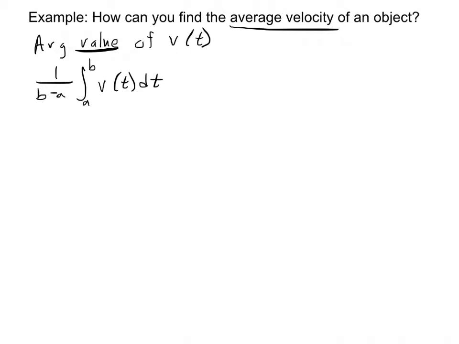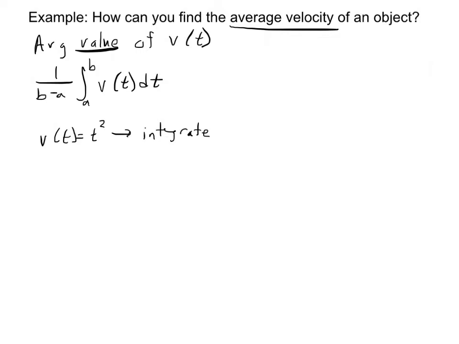Now, while I'm here, I might mention, what are the different ways that the velocity function could be given? One, they could give you a velocity function. They could say, v of t is t squared. And in that case, we can integrate, either by hand or using a calculator.